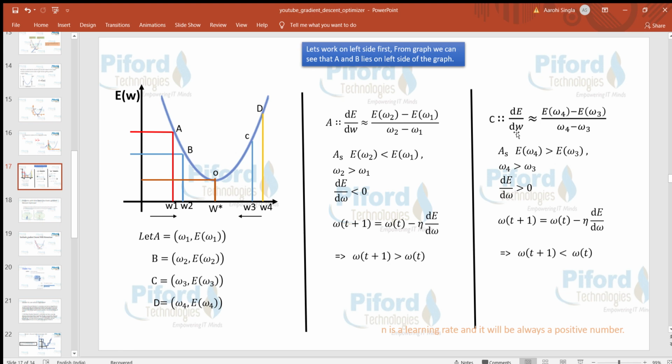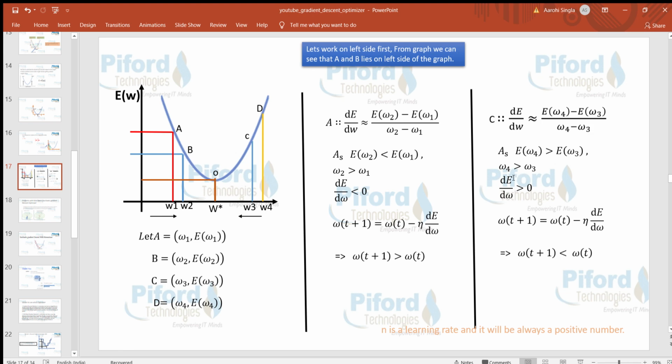So now we want to know that if we change the weight value slightly, meaning delta W, then what would be the change in error of W? From this image, as I've just told you, the error of W4 is greater than the error of W3, and W4 is also greater than W3, right?